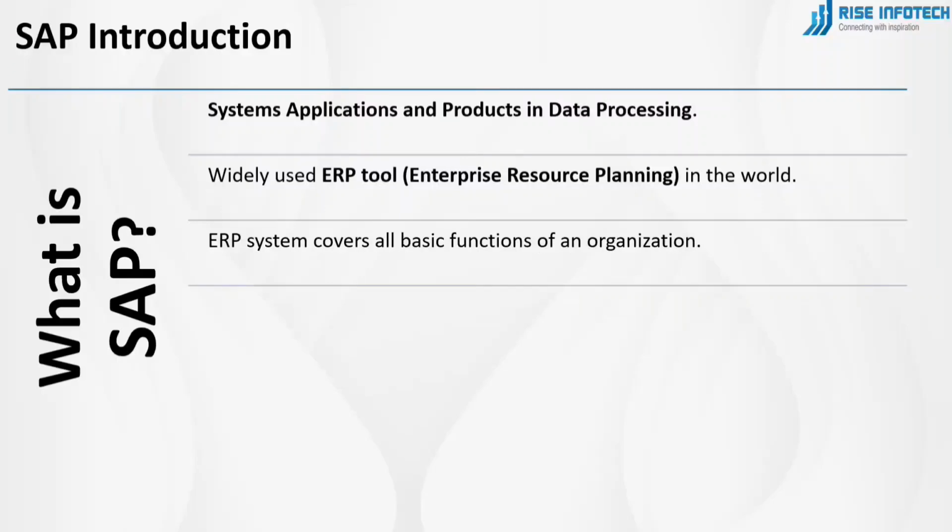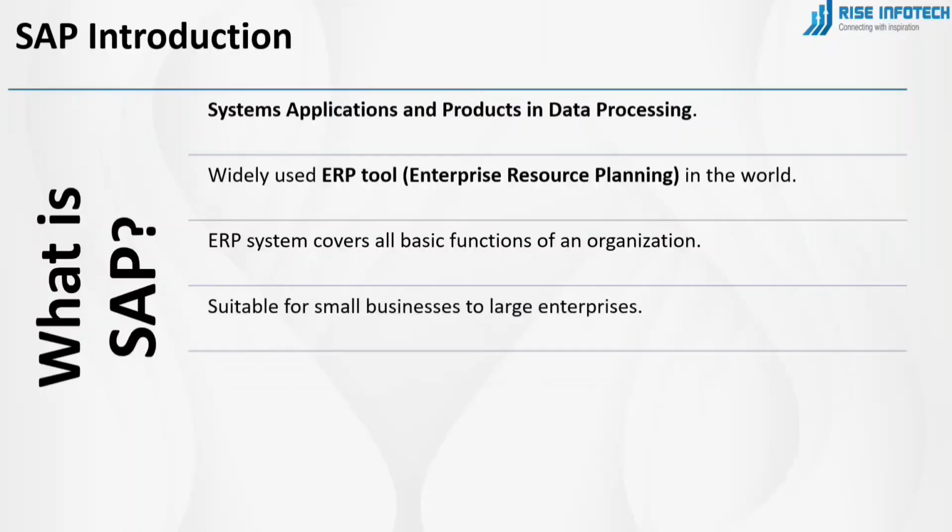It helps to manage all the activities like production, financial activities, credits, and every activity involved in an organization, which we can systemize in SAP. It is not suitable only for large companies or organizations. It is suitable from small enterprises to large enterprises also.